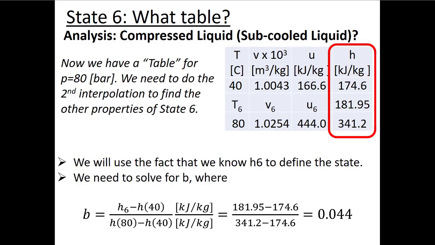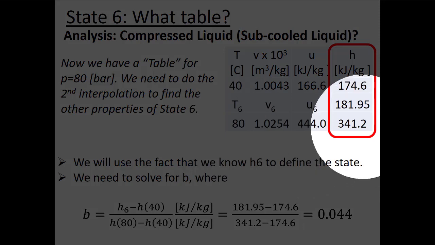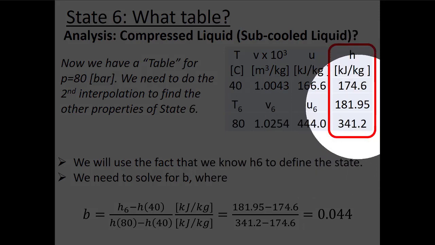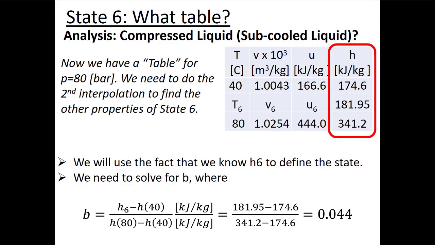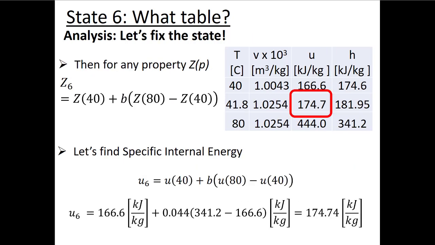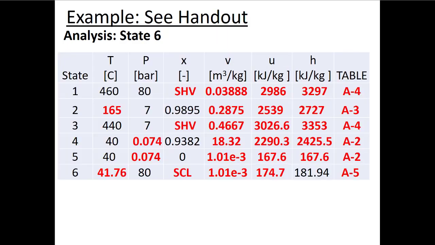So we needed another interpolation factor, which we backed out because we knew the enthalpy in this sixth state that we did in the example last class, right? And then we used this second interpolation factor to find the specific volume and the specific internal energy at state 6, right? And all that was pretty tedious work.